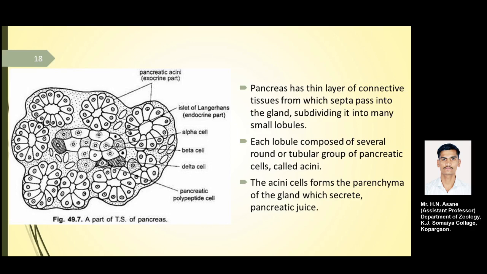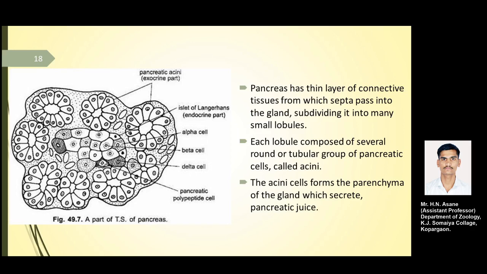Among the acini there are the islets of Langerhans, as I said. At the center, the pancreatic polypeptide cells, alpha cells, beta cells and delta cells are in a close compact arrangement, and these are known as the islets of Langerhans, which is the endocrine part of this pancreas.